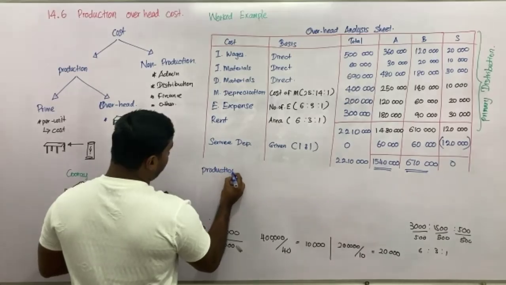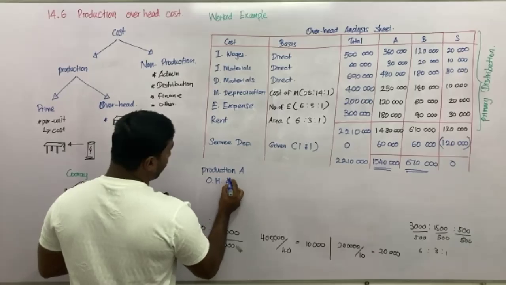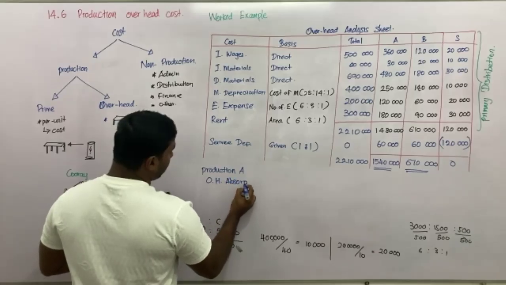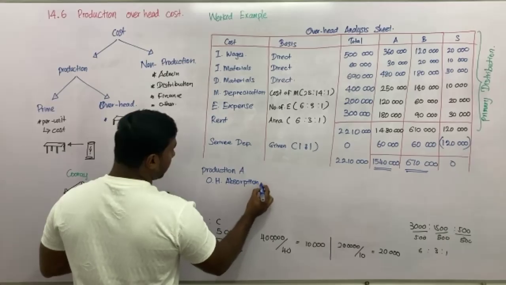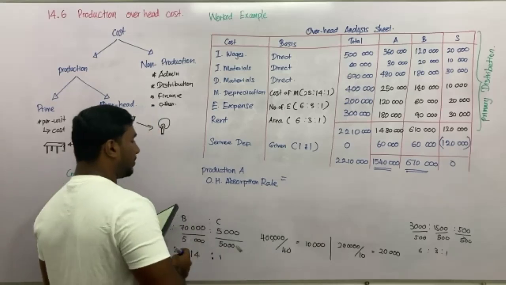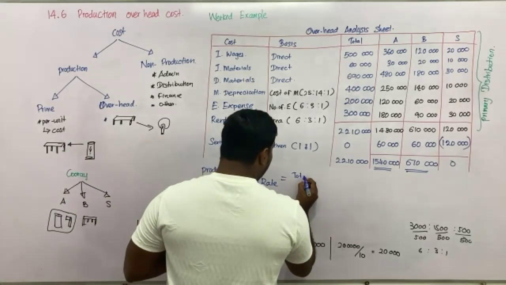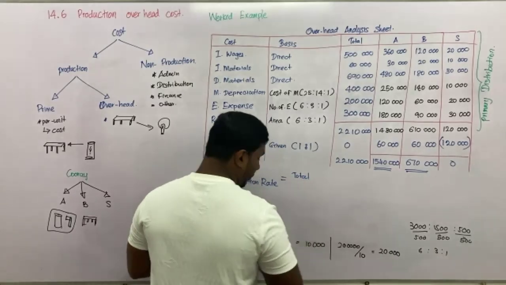So let's start with production A. Production A, overhead absorption rate.